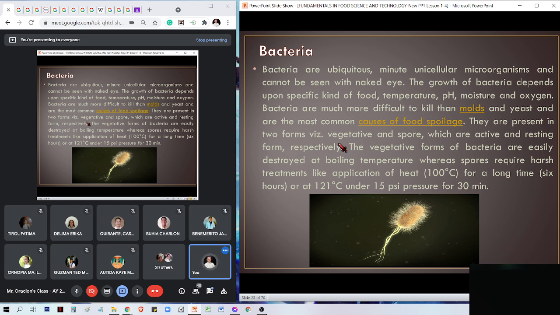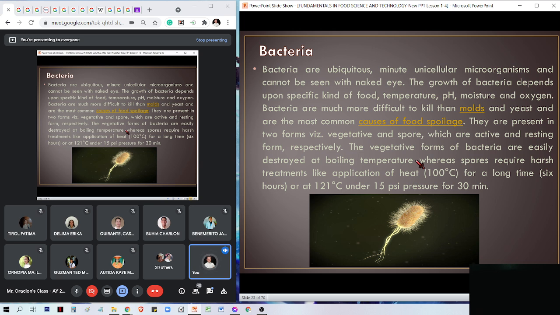Okay? They are present in two phases. We have it here, vegetative and spore. The difference between vegetative and spore is ang kaliguno nila, ang kaisugon sa bacteria, which are the active and resting forms, respectively. The vegetative form of bacteria is easily destroyed at boiling temperature. Kaya silang mga vegetative bacteria, these are commonly ang mga natural bacteria that can be easily destroyed.